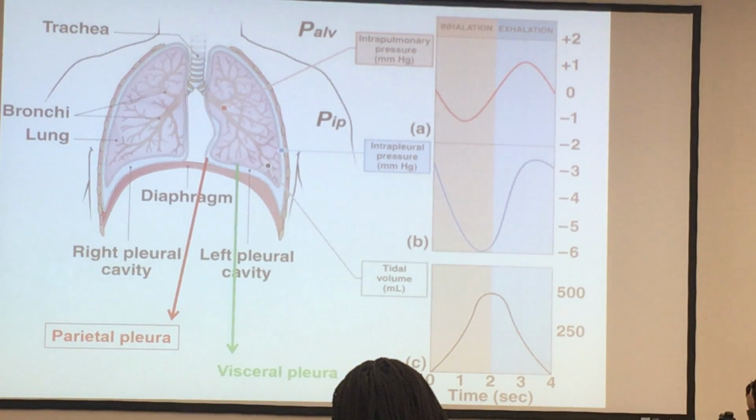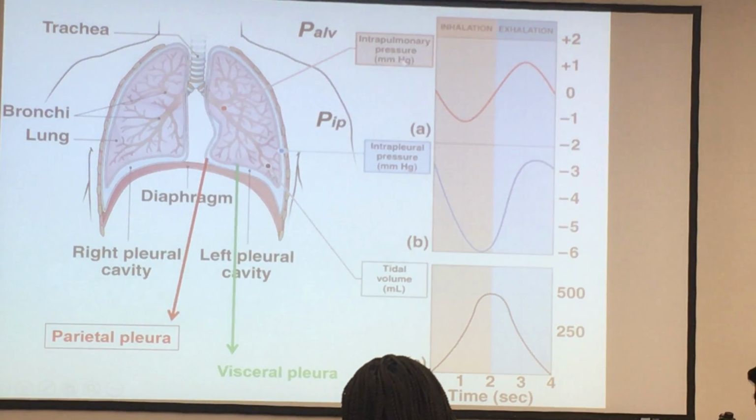All right, so here I just amplify a little bit, the same thing. Okay, parietal pleura is outside, visceral pleura is inside. In between is the pleural cavity, right side and left side. Right lung and left lung are completely independent.